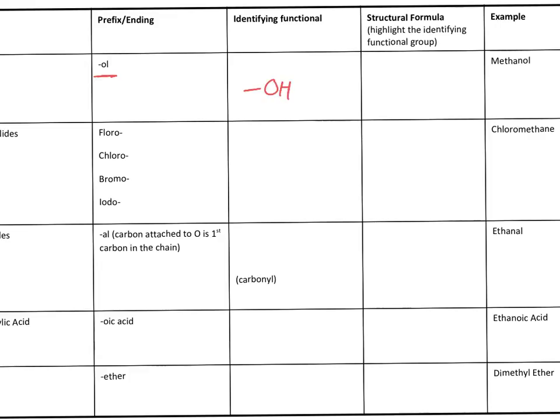Now, the identifying functional group is an OH. Okay? And so the structural formula is how we highlight the identifying functional group. So I might say something like R-C with an OH attached to it. Now, I need to explain this very quickly. Anytime that I write an R from this point forward, I'm basically referring to the rest of the chain for the hydrocarbon itself.